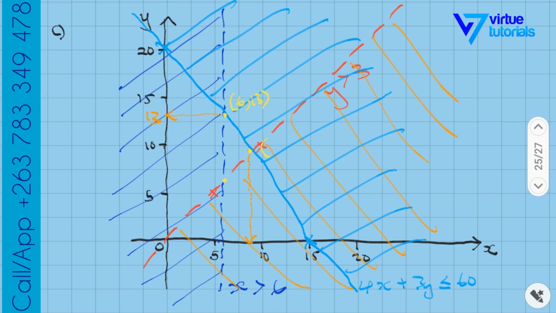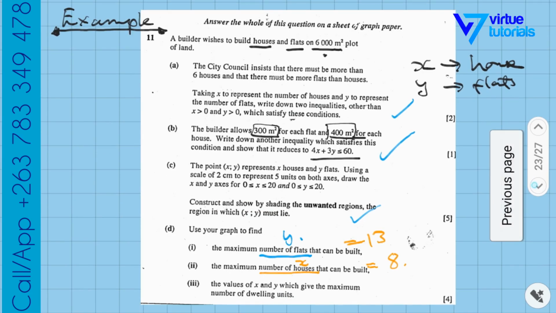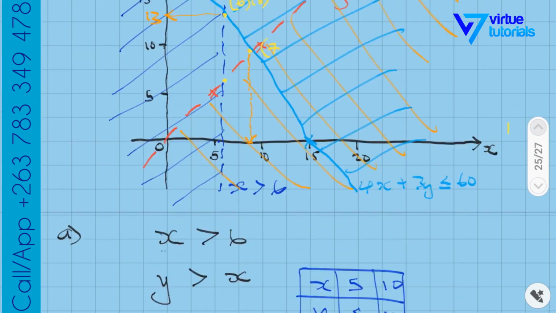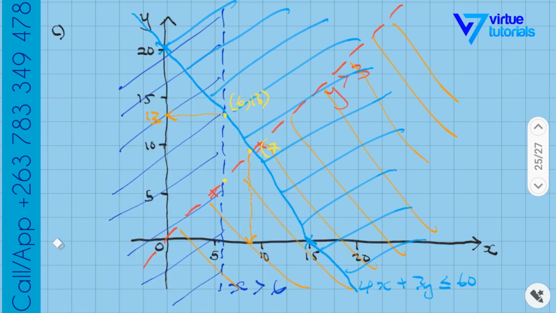This one here gives you 8, and our y value is probably a 9. And then this one gives you a 5 and 6.